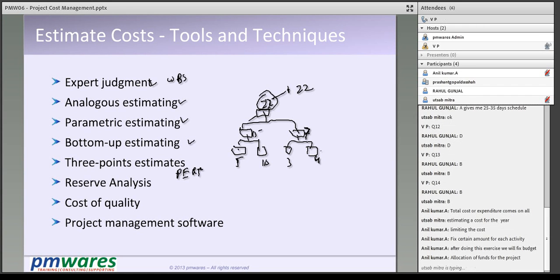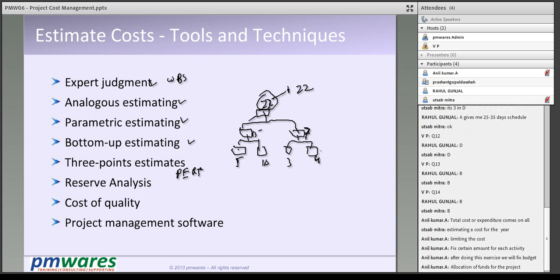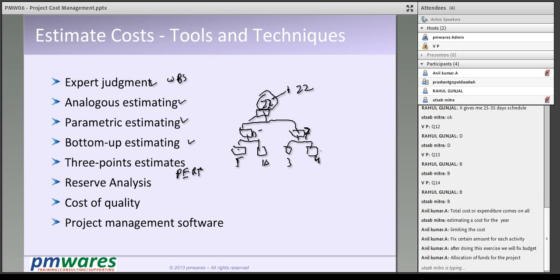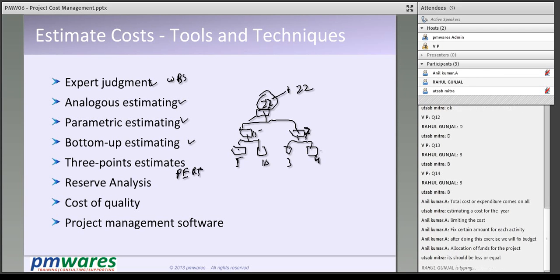What would be the allocation? 22 or less or more? It should be less or equal.